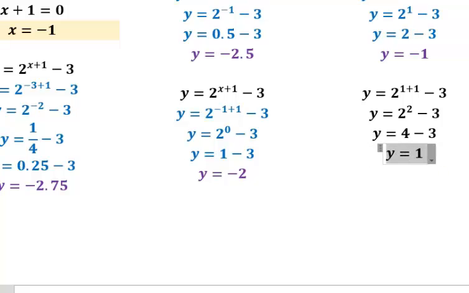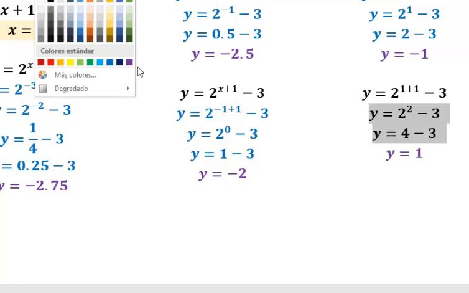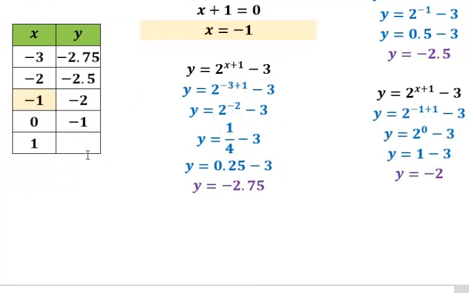So in the table of values I put the answer 1. That is the table of values filled.